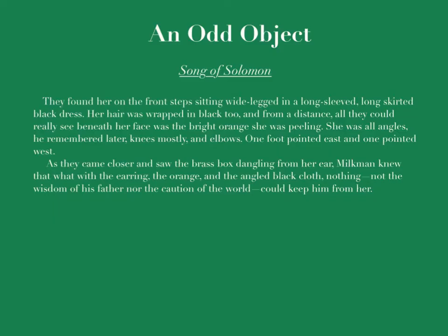So the odd object is this brass box dangling from her ear. That's just weird. Like, who has as an earring a single brass box? That's strange. And then it's brought up again here to say that that's one of the things that makes him want to get to know her, is this strange earring.